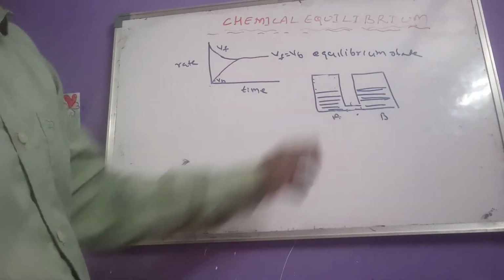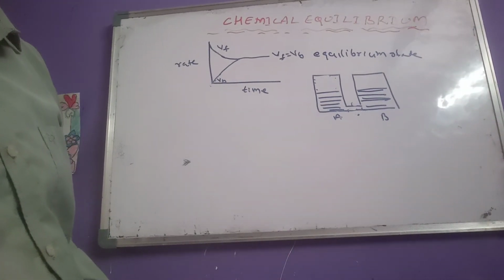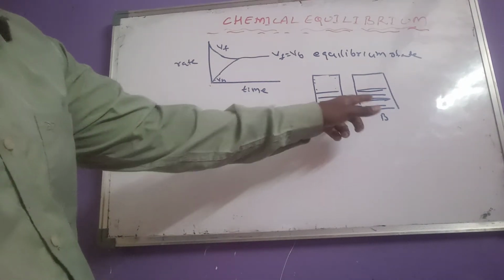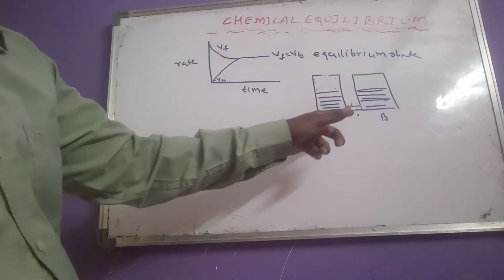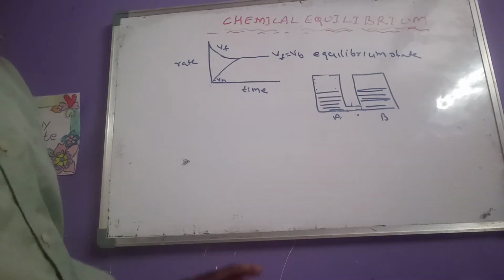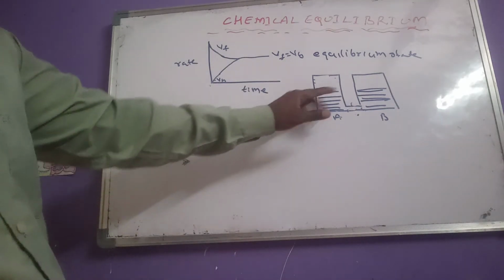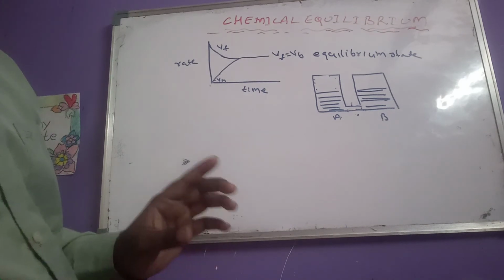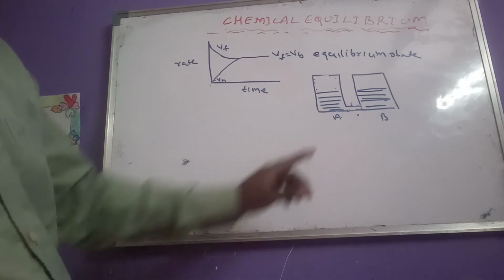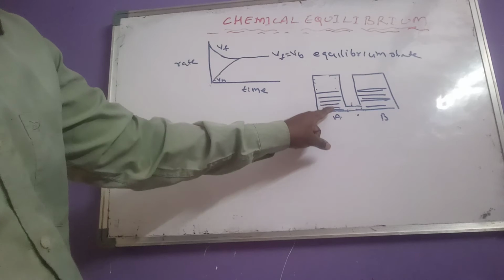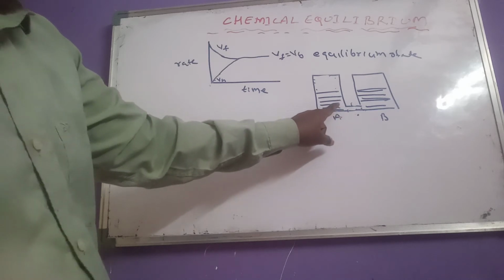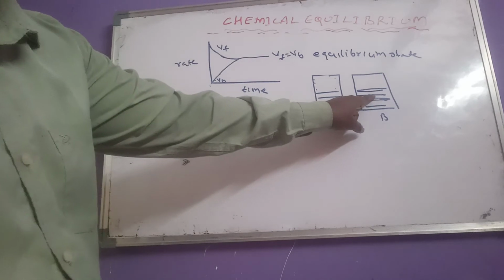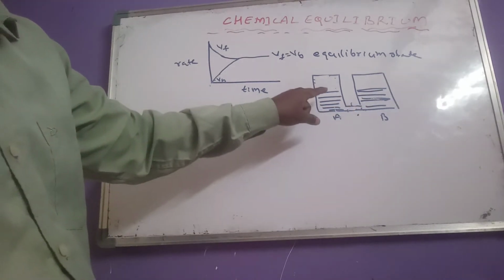Once the water levels are equal, we can't see any increase or decrease in the level of water in both vessels. This state is called the equilibrium state. But actually, even at this equilibrium state there is a flow of water from A to B and also from B to A.